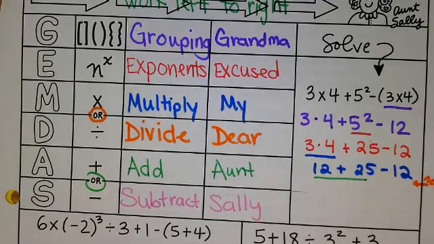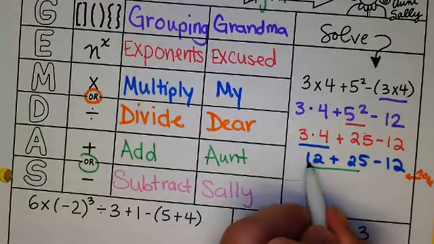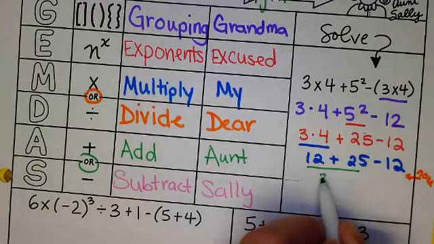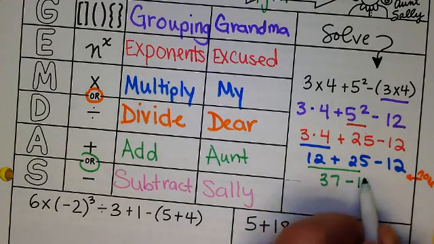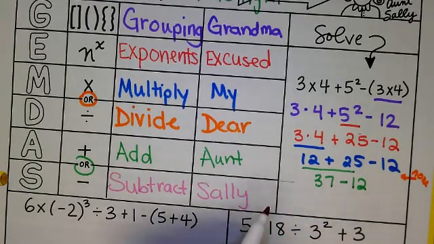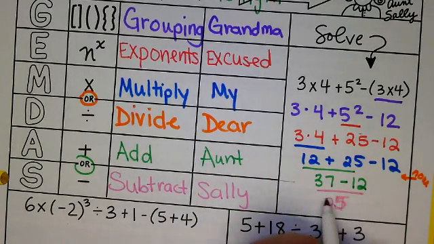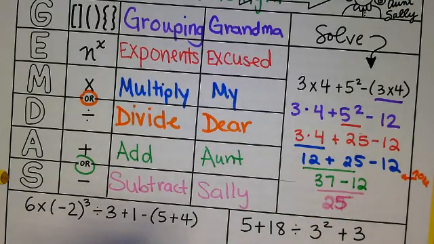It's whichever one comes first. If my subtraction had come first, you could have done that one first. So 12 plus 25 is 37, and please double check my math. Then we have our subtraction, 37 minus 12, which is 25. And that's your final answer.